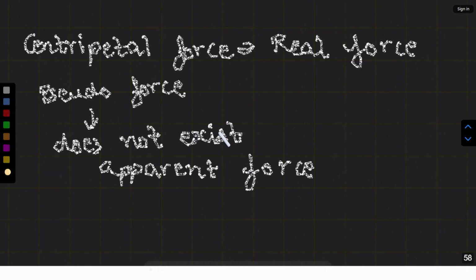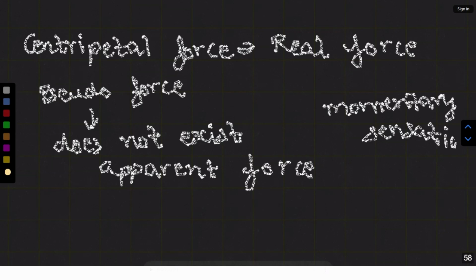So rather than being thrown right, the car is actually crashing into them from the left as it suddenly moves. Once their bodies catch up and start moving to the left, the crashing sensation ends. So basically, that momentary sensation that we feel is nothing but centrifugal force.